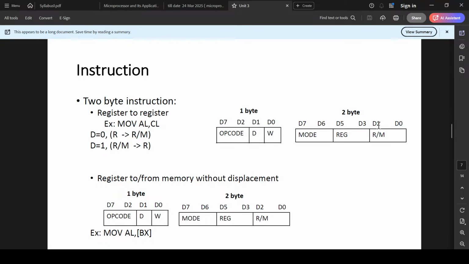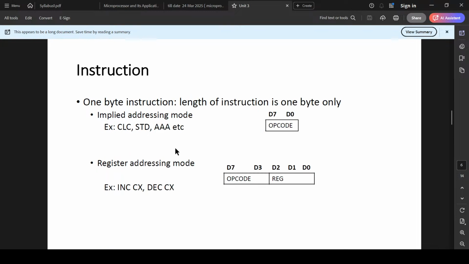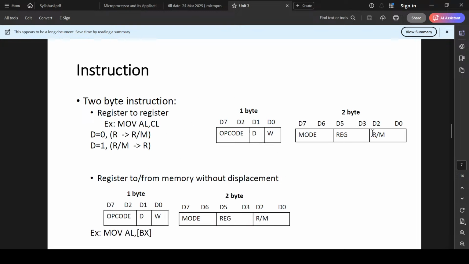Then the other byte will consist of mode, these two bits, whether it is implied or register, then REG, then RM. Register to or from memory without displacement: 1 byte, 2 byte, mode, REG, RM, same, no change. But these changed, I think. No, no change.